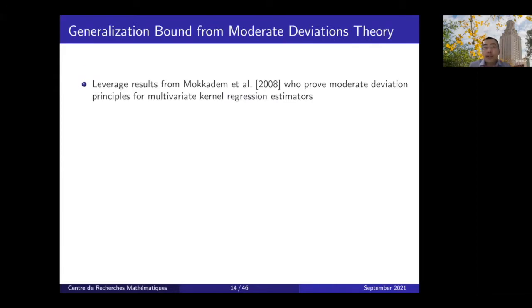To obtain our generalization bound, we leverage results from Mokadem et al., who proved moderate deviation principles for multivariate kernel regression estimators.